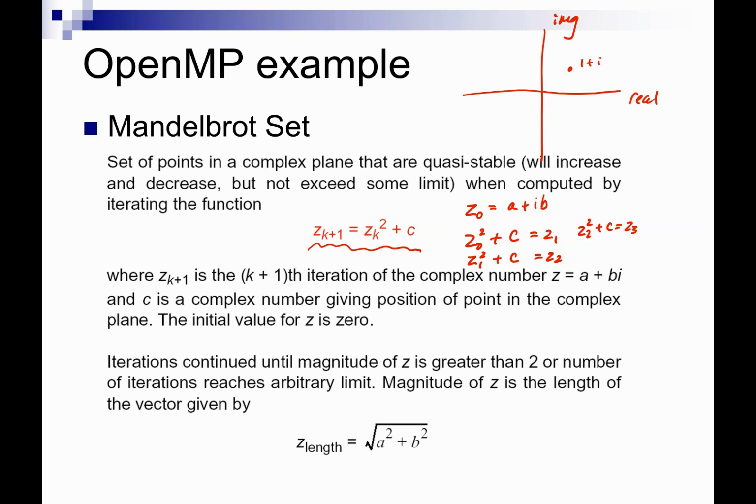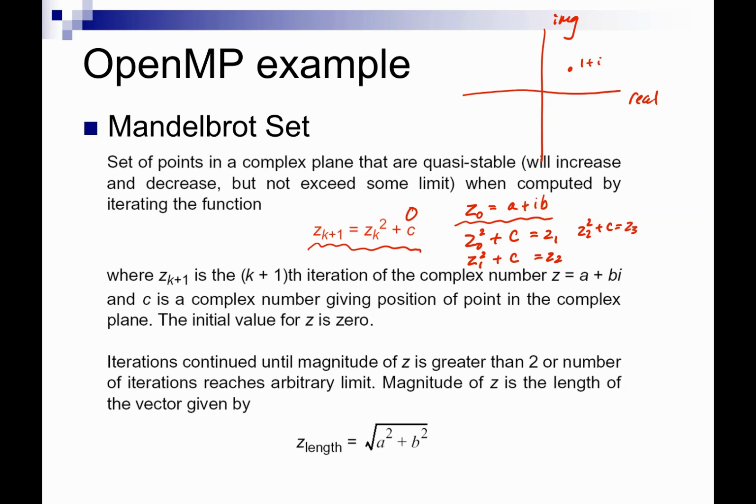However, for certain initial values of z0, these values might stay finite. For example, let's set a value for c, say 0, and let's say your initial value is 1, equal to 1 plus 0 times i.